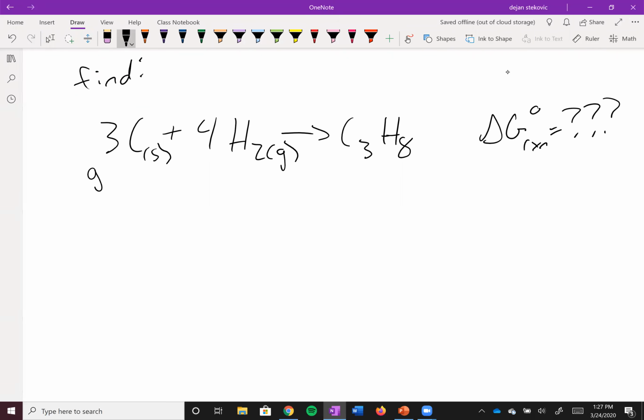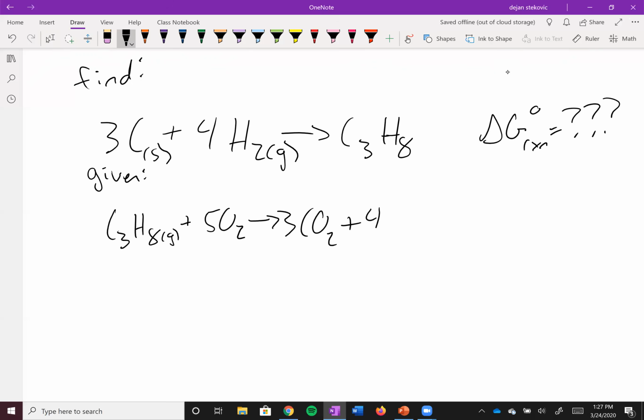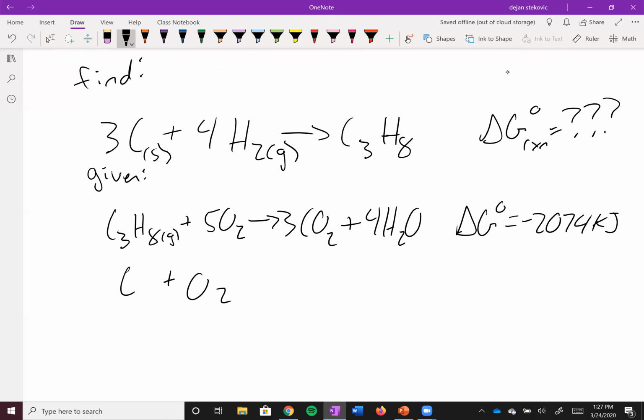And then you're given a bunch of reactions. You're given first that propane plus oxygen forms carbon dioxide and water. So it's a combustion reaction. This delta G is equal to negative 2074 kilojoules. Next up, we have that carbon plus oxygen forms CO2.